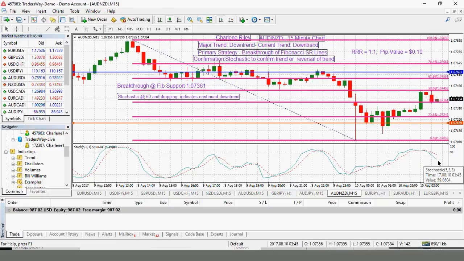Or if the stochastic reverses and goes back up and starts heading back towards the 80, and we get a break above the 1.07456 resistance line, then I will enter into a buy.